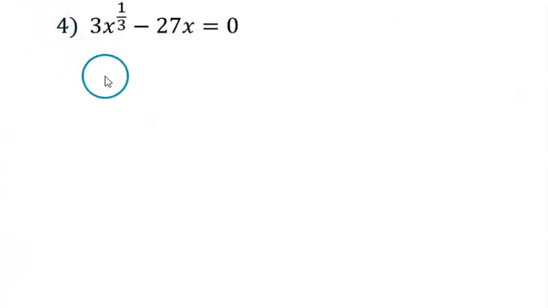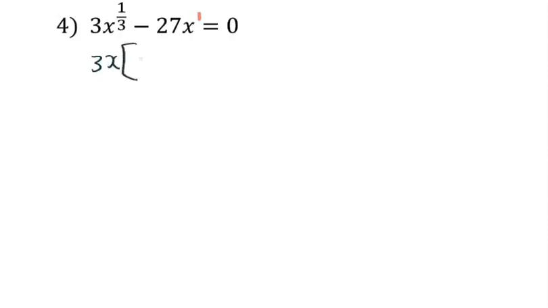Let us look at number 4, where we have two terms, each of them containing x to the something. In the first case, we must remember that x is to the power of 1. So if I take the largest factor that I can take out here to factorize, I can take out a 3 and I can take out the x.